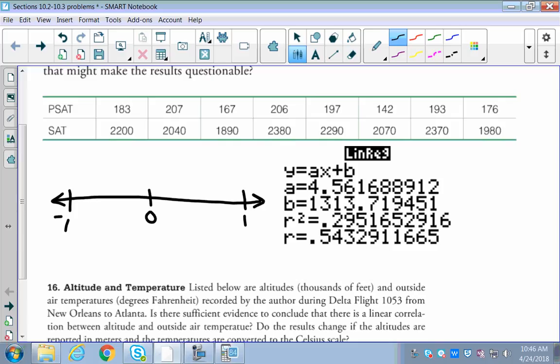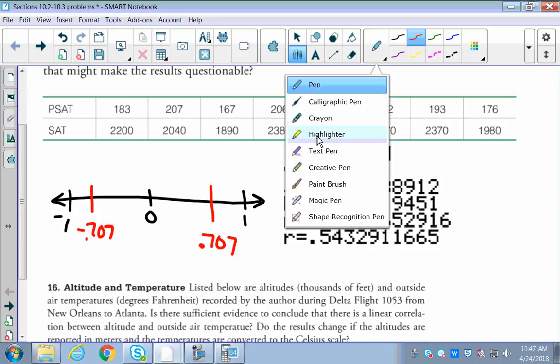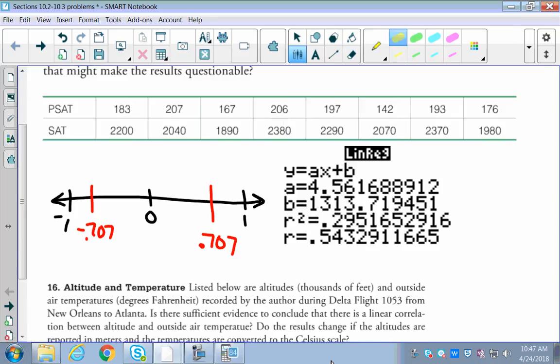Okay, my critical value is 0.707. So 0.707, I'm going to say is about here, but I also have to go -0.707, correct? Remember, the closer I get to +1 or to -1, that tells me that it's a good model.